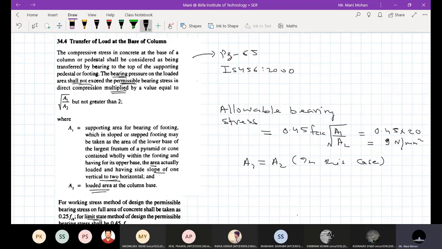Now I can clearly see that this Q, whatever Q we have got, 0.37, is less than the allowable bearing stress of 9 Newton per millimeter square. So I can write the comment that the width of the wall of 400 mm which you have provided is safe in bearing.